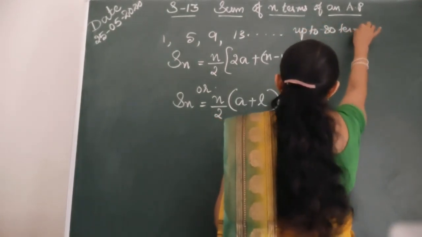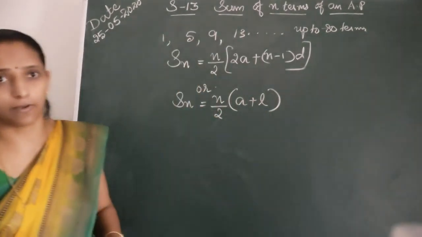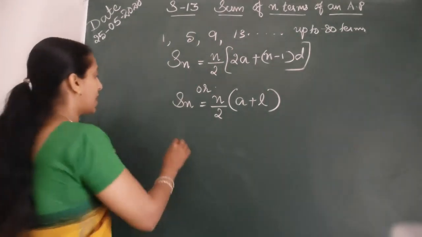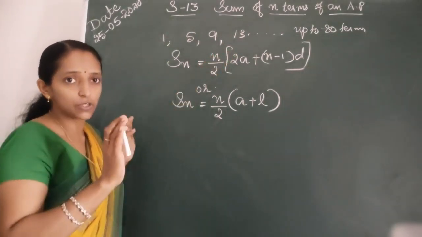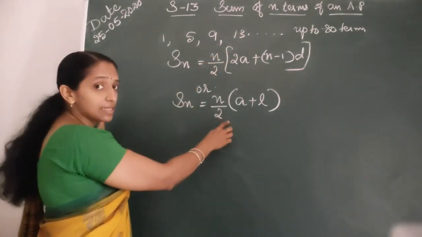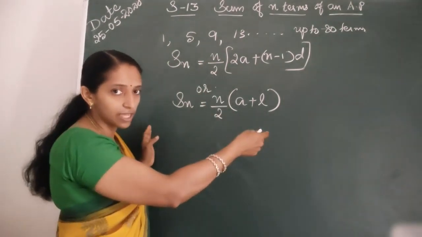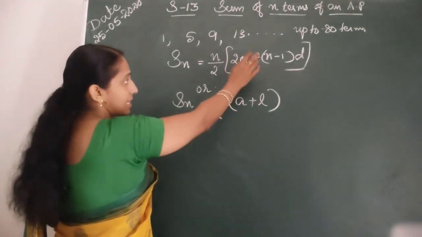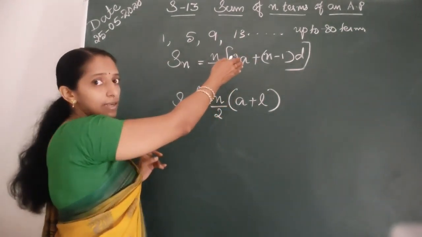How will you calculate? n is 80. So S80, here the last term is not given. So we cannot take this formula. Either you have to find the last term, then only we can apply this formula, or directly we can substitute in the direct formula.